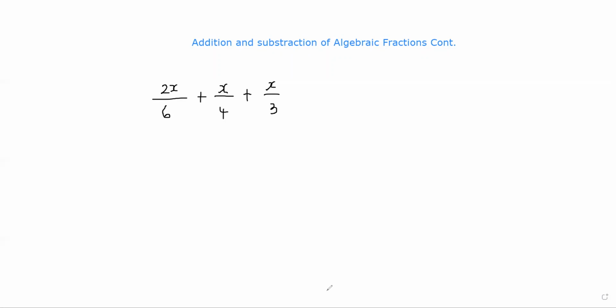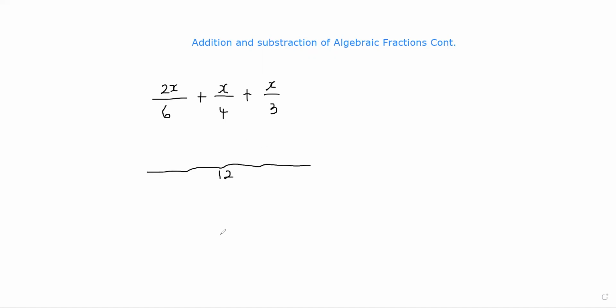What's the LCM of 6, 4, and 3? 12. Anybody else? 12 is it, right? Yes, sir. All right, so 12 is the LCM. Good. And what's the next step?